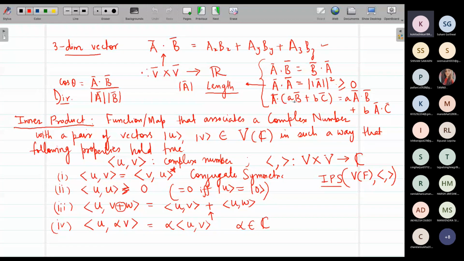Remember, this plus is vector addition, the two vectors are added here, whereas this plus is between real numbers. Whether you do the vector addition first and then take the dot product, or take the dot product first and then add, they are the same. That's what we call linearity. This has nothing to do with the commutator bracket.